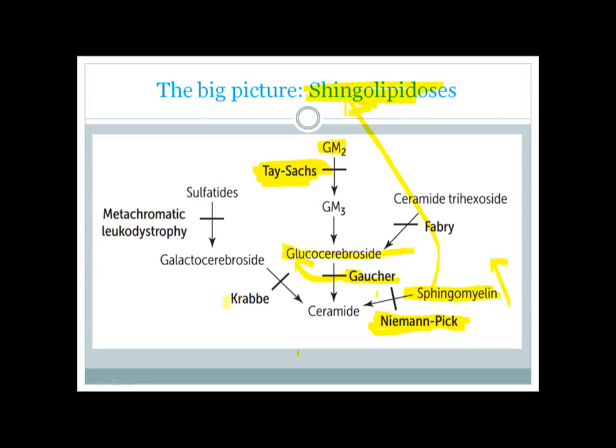Another disease is Krabbe disease. In Krabbe disease, I like to write it in another way. As you see, the name Krabbe has two B's. So let us put something in between the B's, and one of the most natural instincts will be to put some O's between the B's.